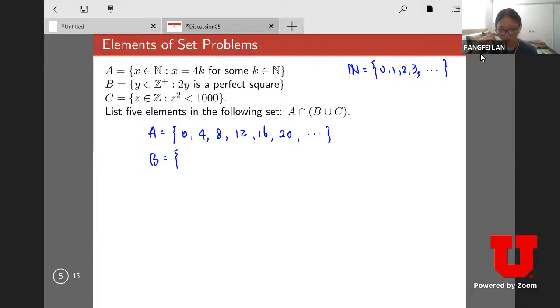All right, so what about B? How do we do that? We have 2y is a perfect square, right? So first of all, what are the perfect squares? Z plus means positive integers, right?